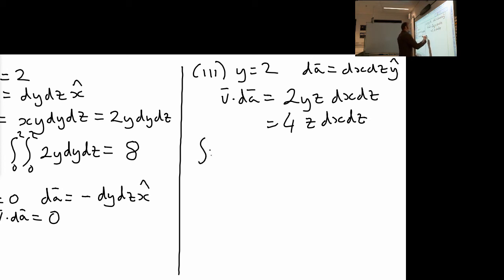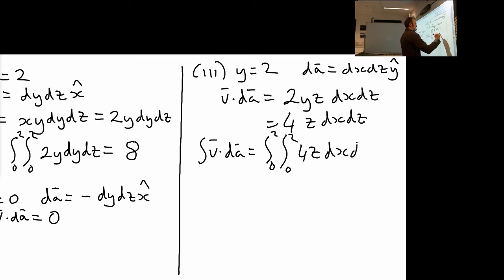Now we take the integral between 0 and 2. Integrating first with respect to x, we get 4zx, which gives us 8z. Integrating with respect to z, we get 8z squared over 2, so we're left with 4z squared. 4 times 4 gives us 16.